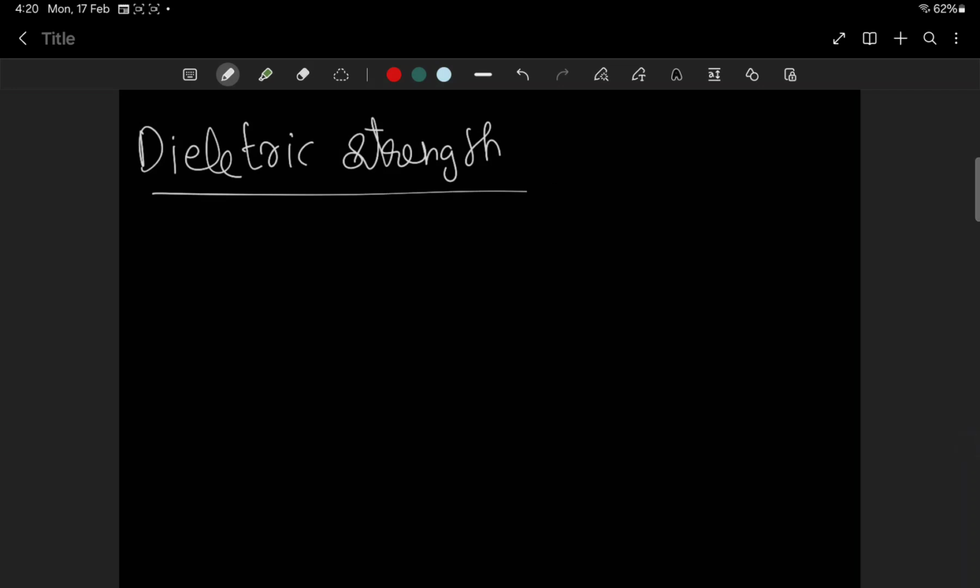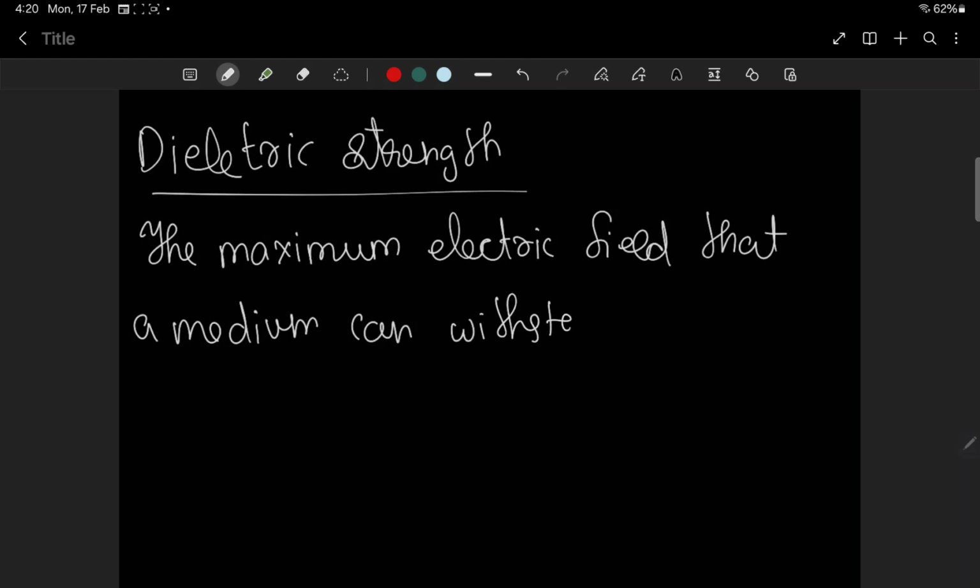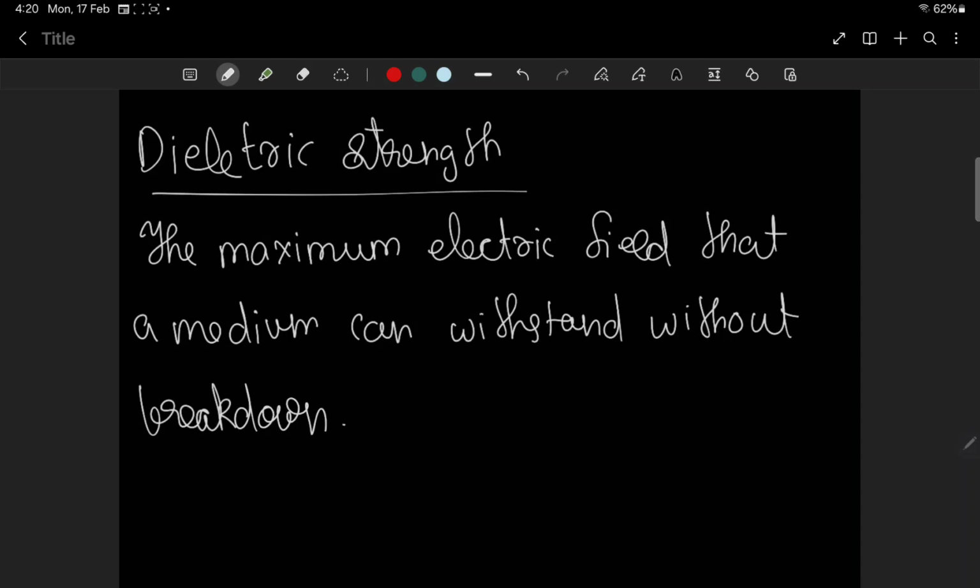Now dielectric strength. Dielectric strength is the maximum electric field that a medium can withstand without breakdown.